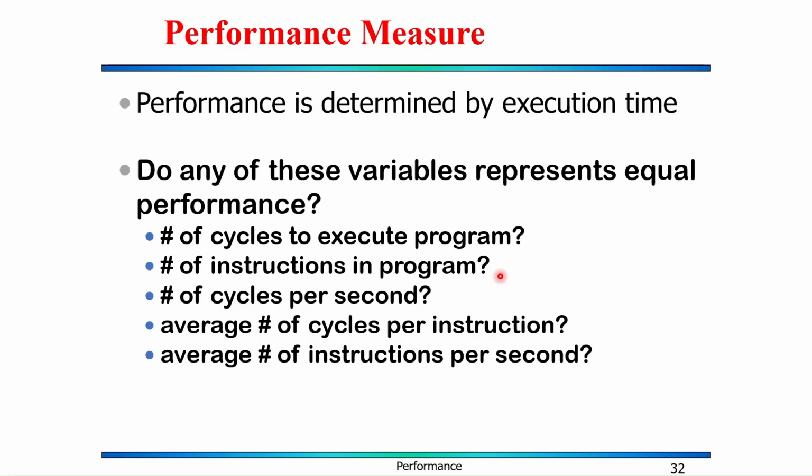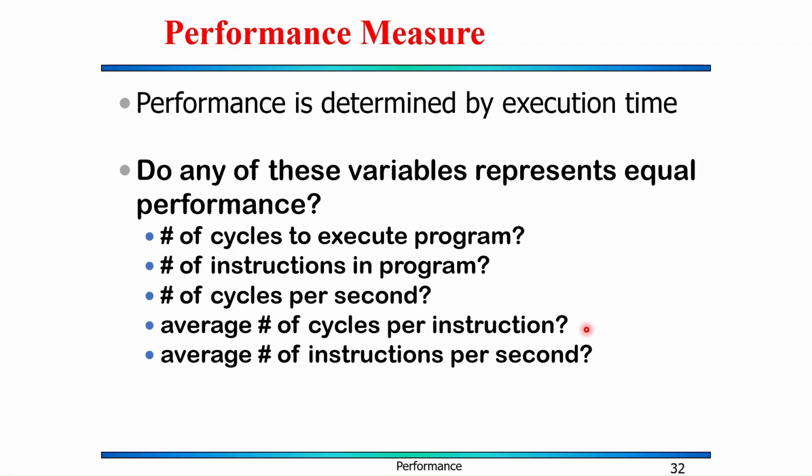Then number of cycles per second, which is clock rate. A higher clock rate is good, but if instructions take more cycles on that processor, then performance might not improve. Next is average number of cycles per instruction, or CPI. A low CPI is good, but if the program has many instructions or the clock is slow, execution time could still be high.